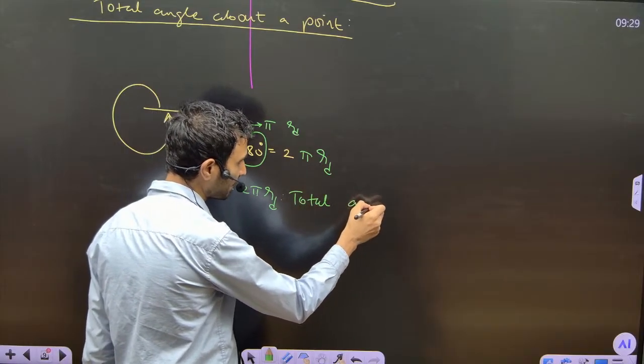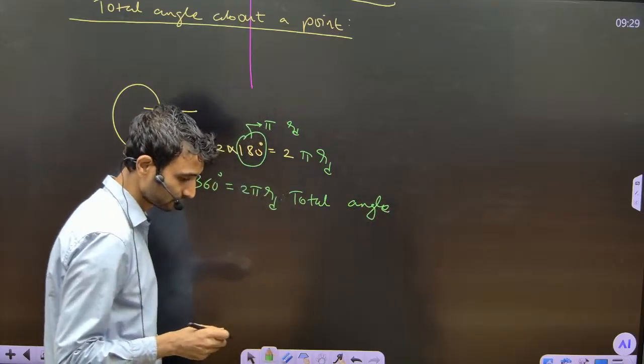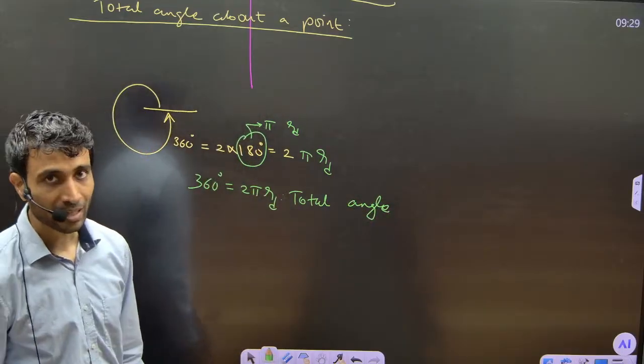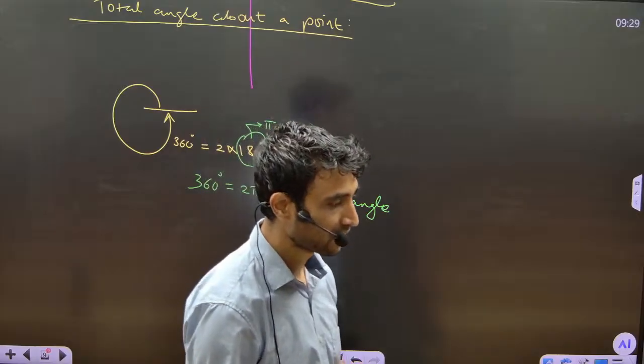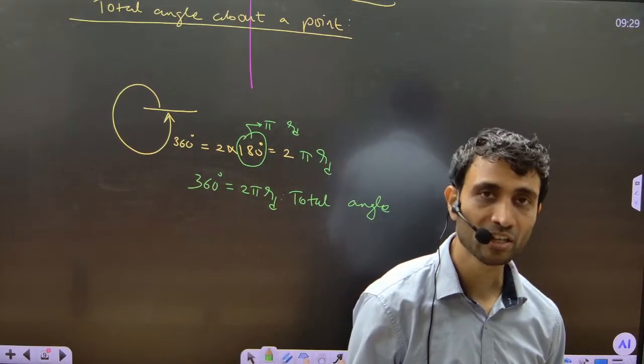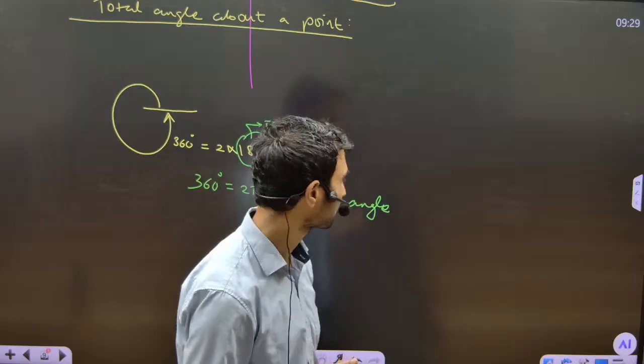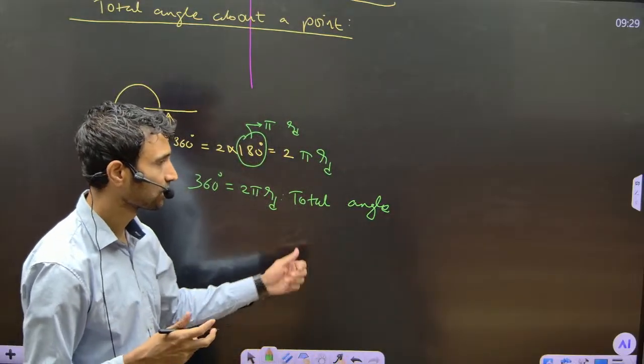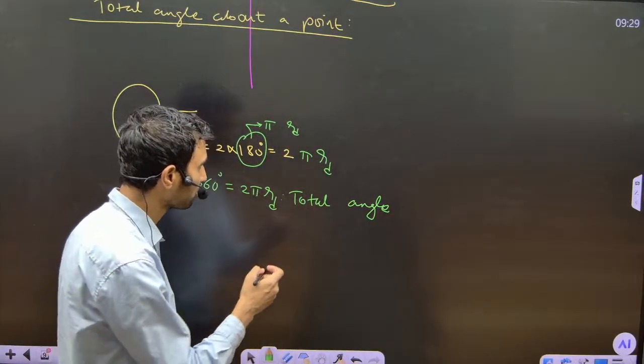When I say angle, it is implied that I'm talking about plane angle, and not solid angle. When I have to say solid angle, I will be specific about it, and when I am not, it is by default plane angle.